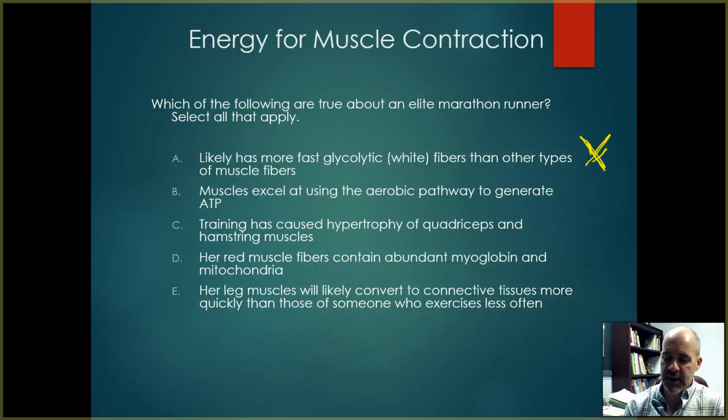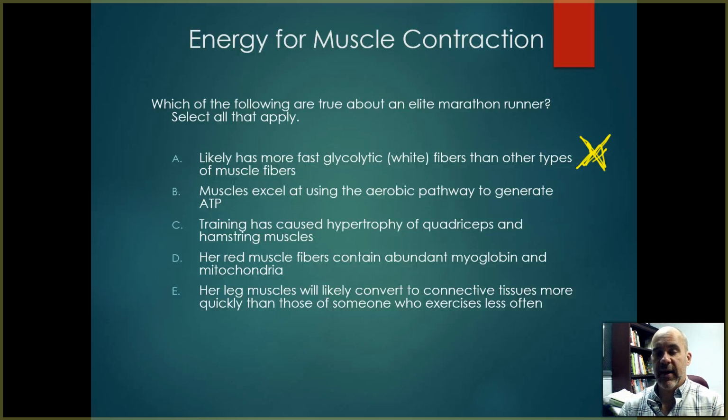We talked about how those types of muscle fibers are involved more in sprints or temporary bursts of heavy, forceful contraction. Like if you're lifting a heavy weight or running a sprint, your fast glycolytic or white fibers get involved in that.